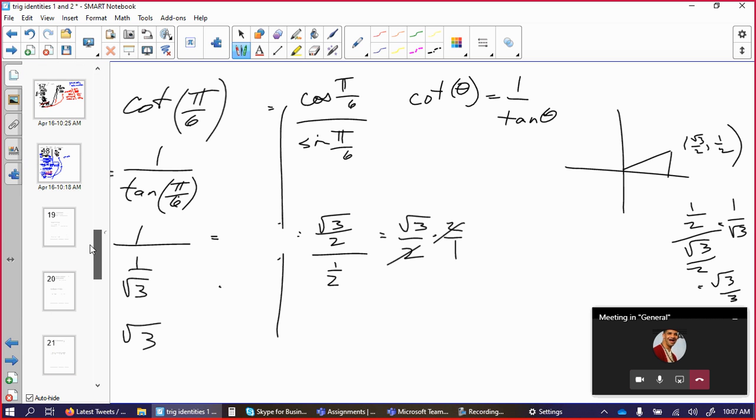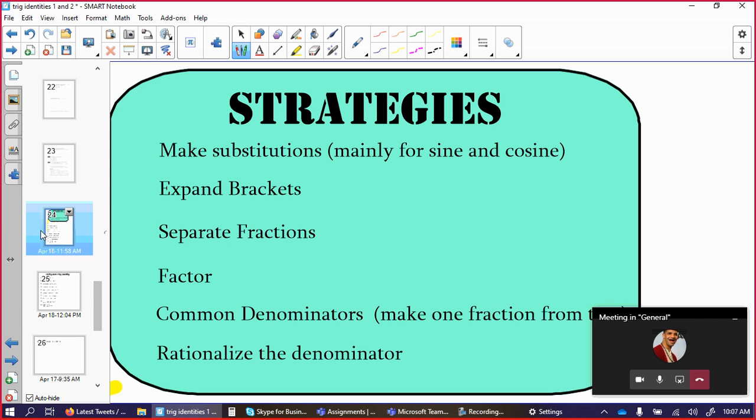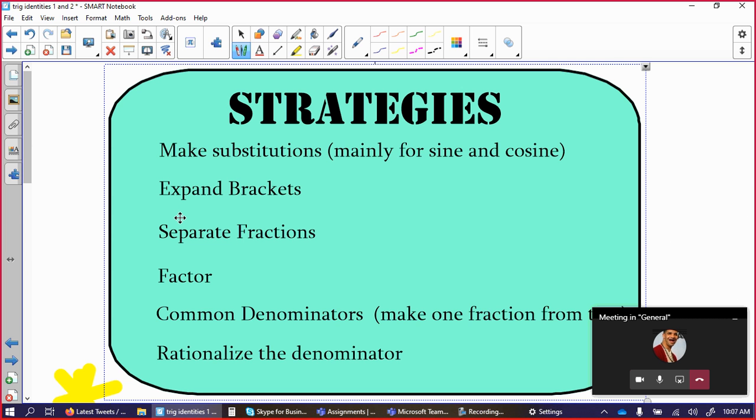So what I want to do today, yesterday we went through some stuff with these identities, strategies: make substitutions. Usually you're going to put sine or cosine in for something, expand brackets and factor. Those are kind of similar. Separate fractions and common denominators.